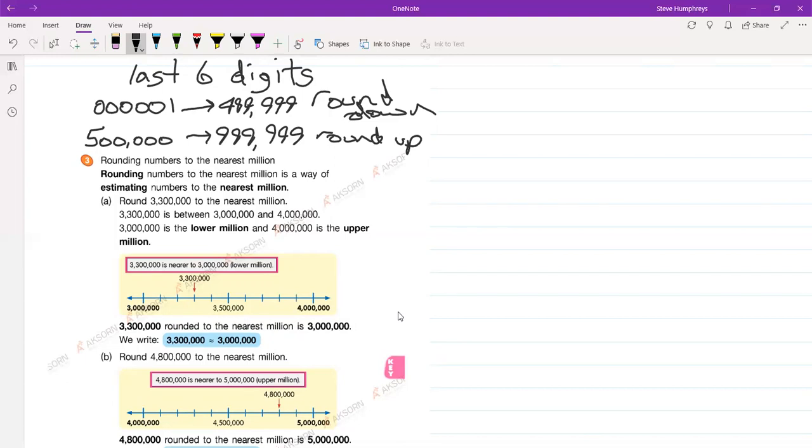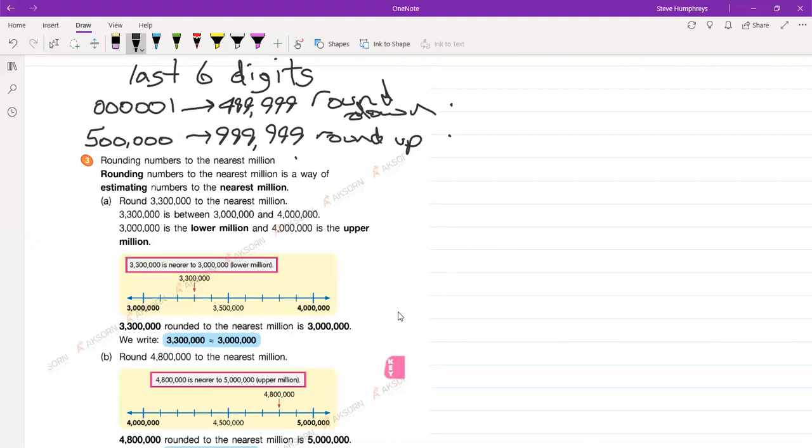Okay, so let's have a look at these examples. I know they're big numbers, but if you use the correct method and look at the right amount of digits, write the range, you can do it. Okay, rounding numbers to the nearest million.